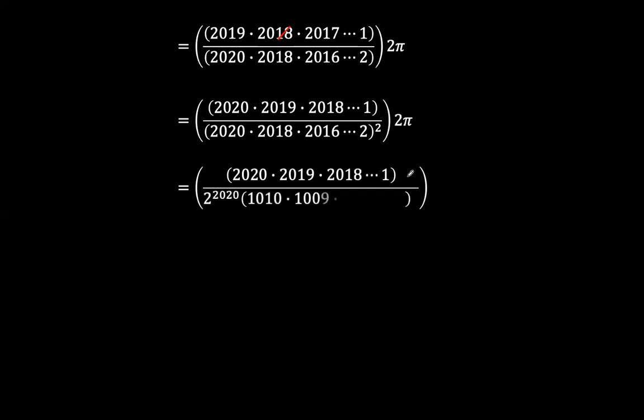As shown there. And then we have twice the factorial from 1010 after pulling the twos out. So dividing every number by 2, we ended up with a factorial from 1010 all the way to 1.